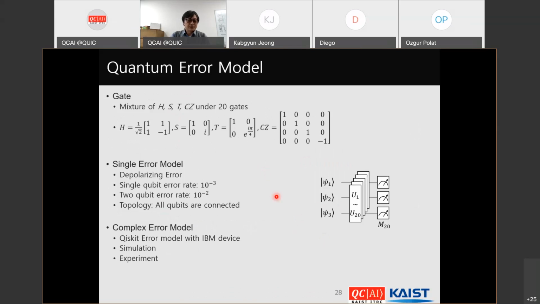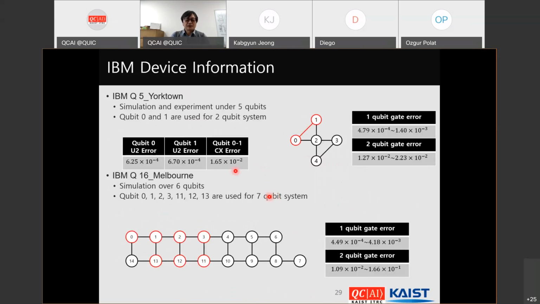We use the IBM device model. IBM devices provide the actual errors, and IBM Qiskit Aer provides the error models for each machine. If you pick a certain machine, Aer provides the error models for that specific machine, and we utilize that model for simulations.